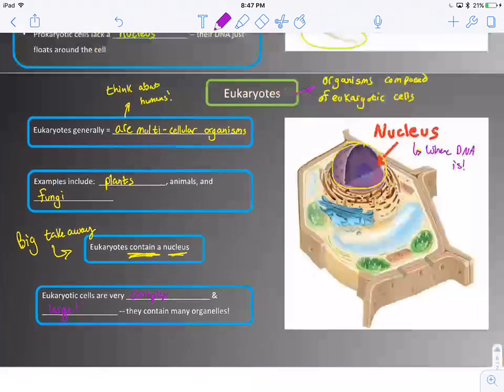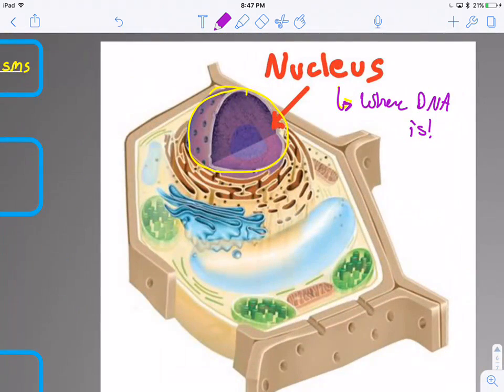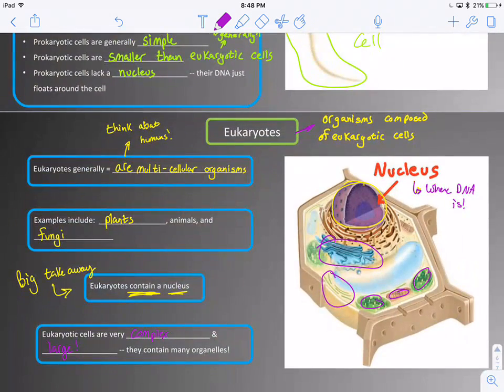And if you look in here, you'll see that we have a nucleus. You'll see that we have some of these other organelles going on, like mitochondria. We have some endoplasmic reticulum. You've got your Golgi apparatus. There's all different kinds of stuff going on here that make a eukaryotic cell so complex. So that's it for today's lecture.